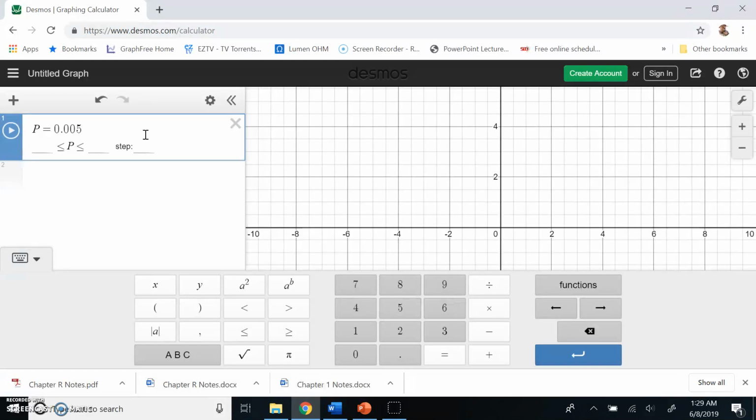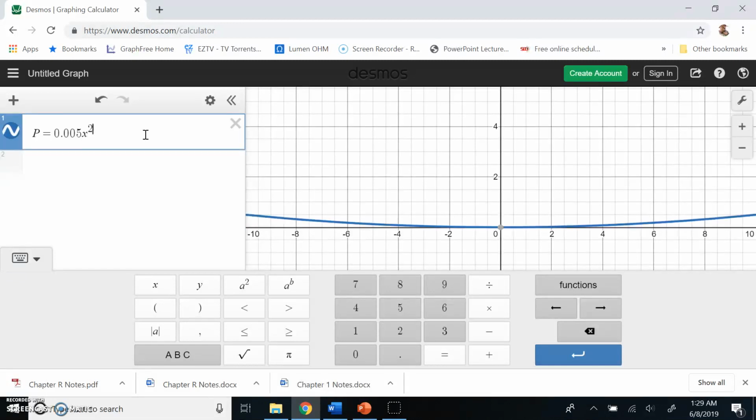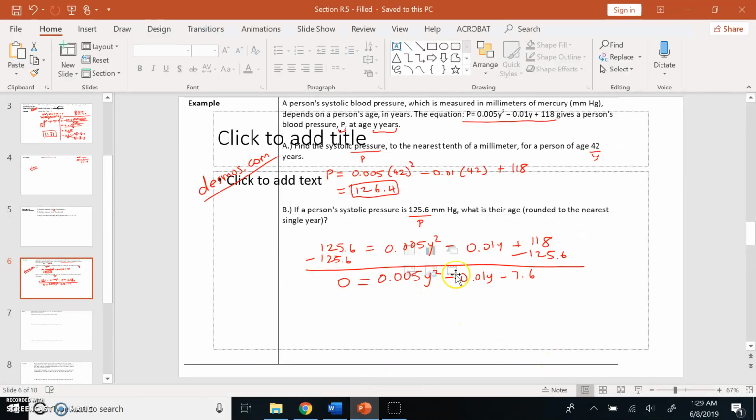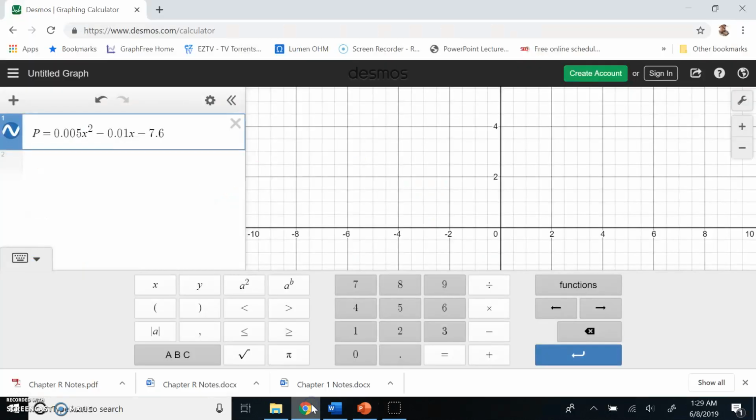So even though the problem says y, we're going to replace the y with x. So we have 0.005x squared minus 0.01x minus 7.6. I think y is the only variable you can't use.